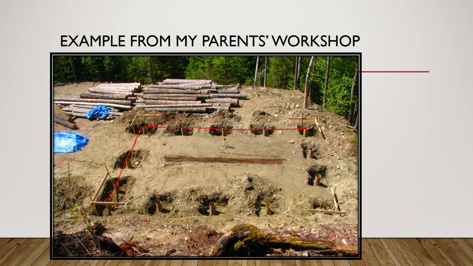Now, in order to make sure that this was in fact a perfect 90 degrees, what we did is we took our A and squared it, added our B and squared it, and figured out what length this should be. And we actually had a laser level here, I believe that's what that is, and we just checked that length and we adjusted, I think it was this sonotube right here.